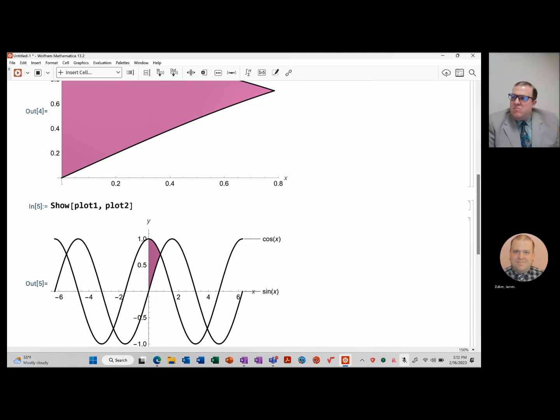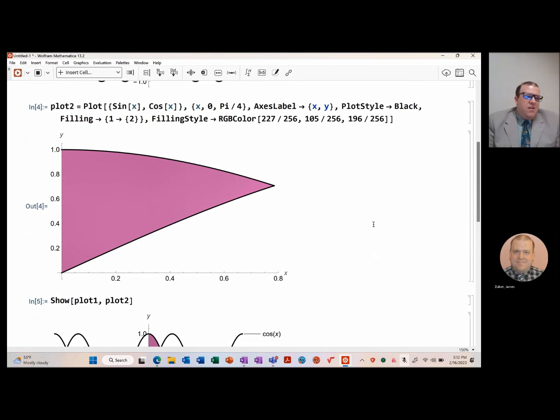Then you have the RGB style of that color. You don't have to, you can. It has some defined colors like blue, black, orange, yellow, red, green, magenta.